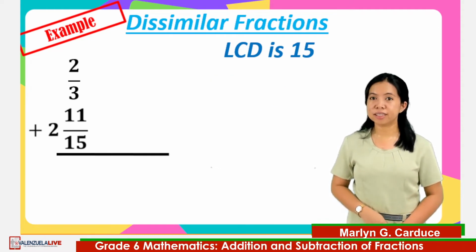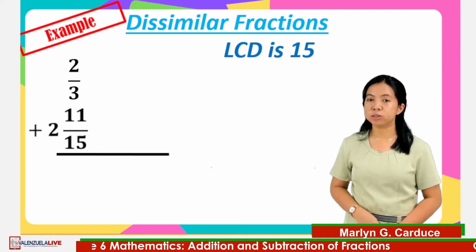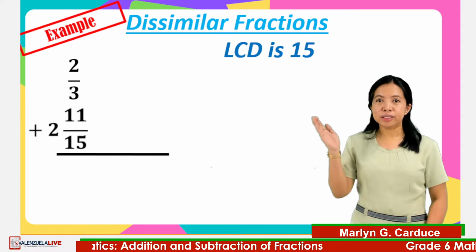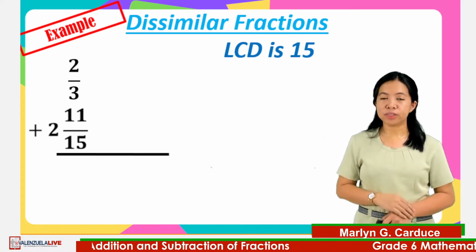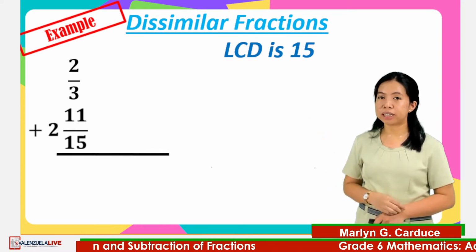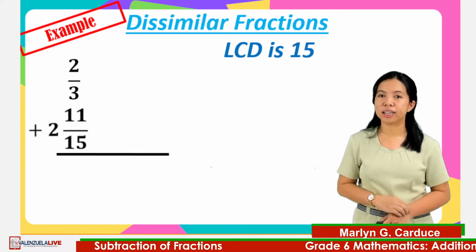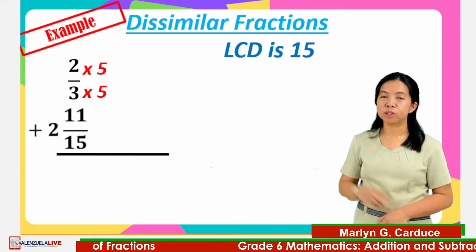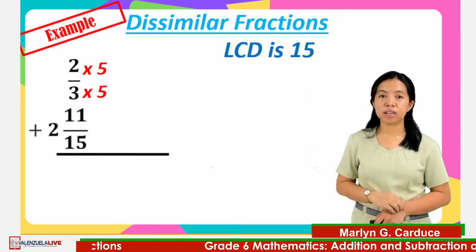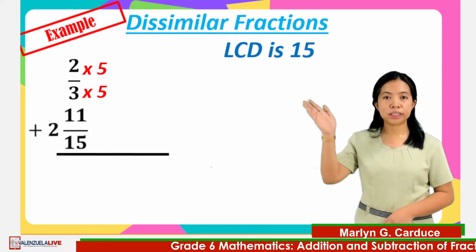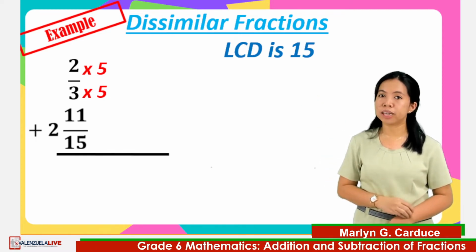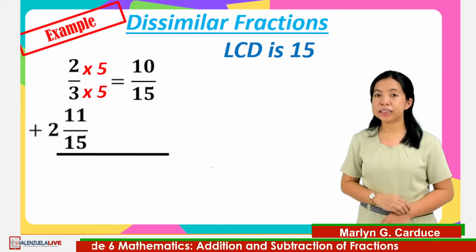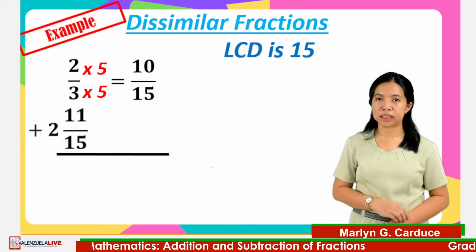So using the LCD, let's rename the given fractions to their equivalent fractions. If we have a denominator of 15, what number will you multiply by 3 to get 15? Very good. We will multiply by 5. So whatever number you multiply to the denominator, we will also do it to the numerator. 2 times 5 equals 10, and 3 times 5 equals 15.